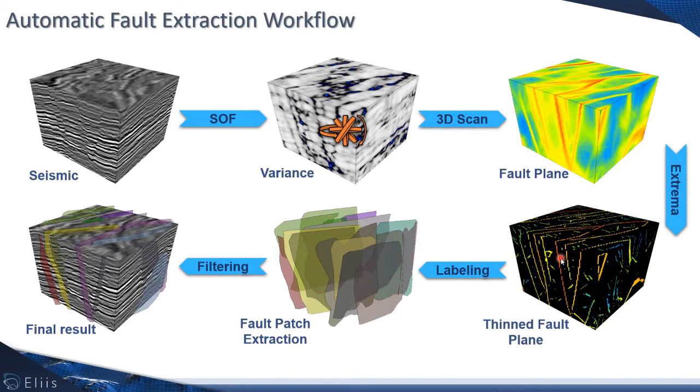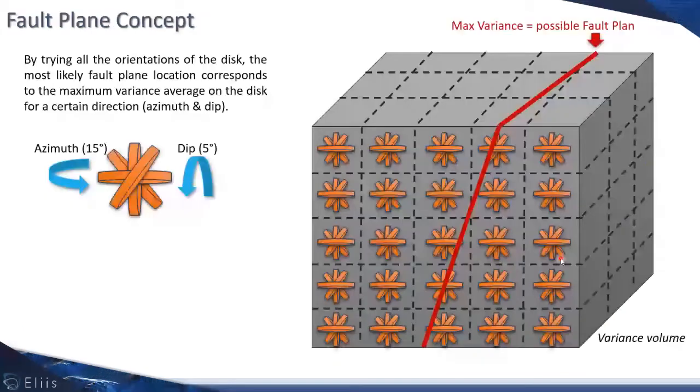If I go into more detail on the fault plane concept, like I said, the idea is to input a seismic, and from the seismic, PaleoScan will first generate the variance cube. In the variance step, PaleoScan is going to insert what we call a disk for every single pixel.